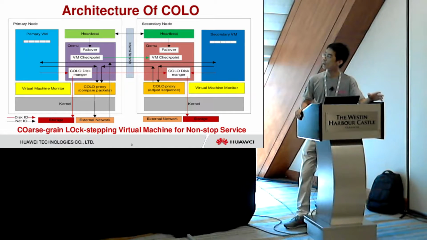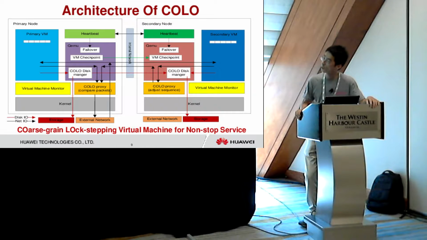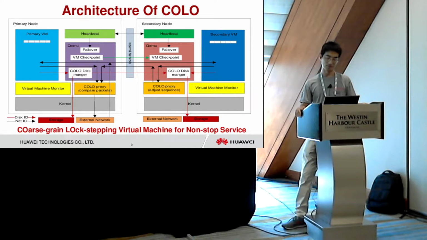For the VM's checkpoint, we achieve it by reusing the live migration on the QEMU platform. So this part is not complex. The COLO disk manager is used to realize the block replication.